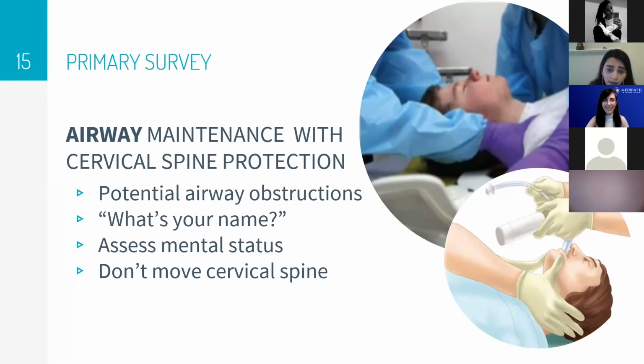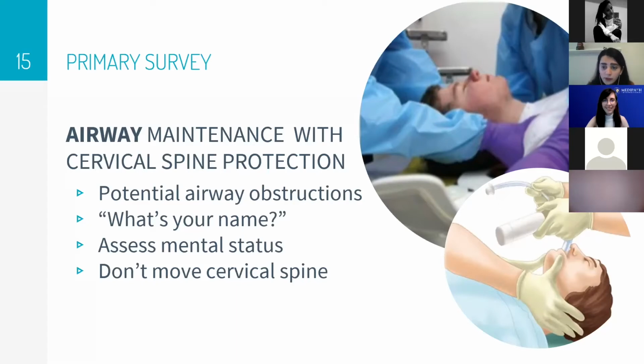So that starts with the airway. We use the mnemonic ABCDE, but each letter also has a part tagged onto it, which is what we're addressing in that survey. So airway maintenance also includes cervical spine protection.